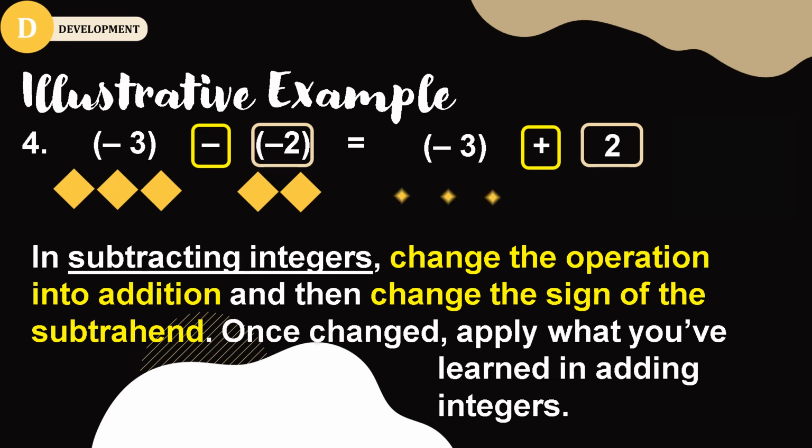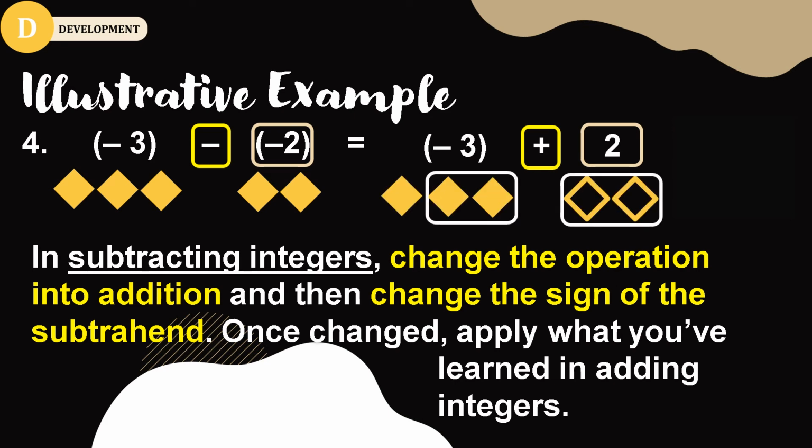We get the zero pairs, or since this is one positive and one negative, we simply subtract 3 minus 2, then copy the sign of the bigger number, which is 3. Therefore, the answer is negative 1.